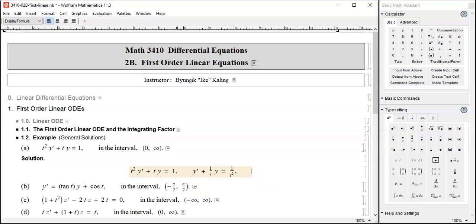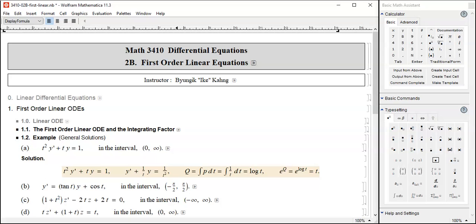So let's get the integrating factor. Q is the antiderivative of p. So it is the antiderivative of 1 over t, which is log of t. Therefore, the integrating factor is exponential of log of t, which is just t.